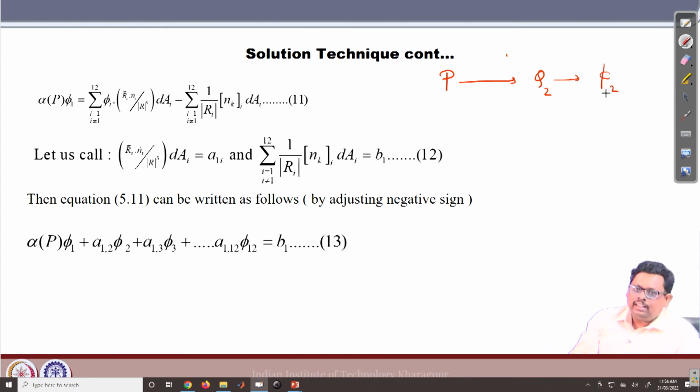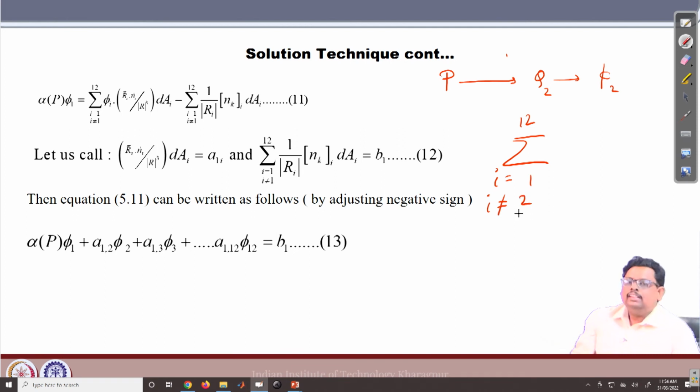Then how do I write the equation? Now, in this case this integration equation should be i equal to 1 to 12 and then i not equal to 2. See, I am telling you again, it is the simplest way I am doing it.